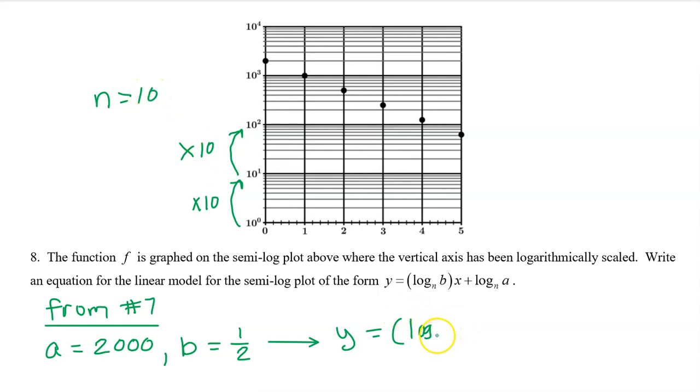So we could write log base 10 of b because n is 10, but we have learned that base 10 is understood. It is the common log and we don't need to write it. So log base 10 of b will become log of 1/2, and then times x, and then plus the log of a. That's the log of 2,000.